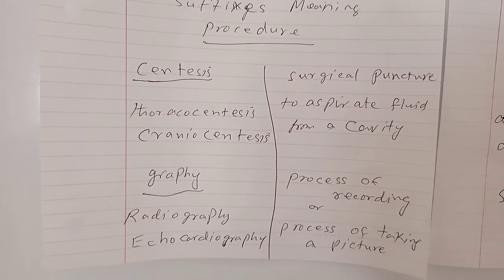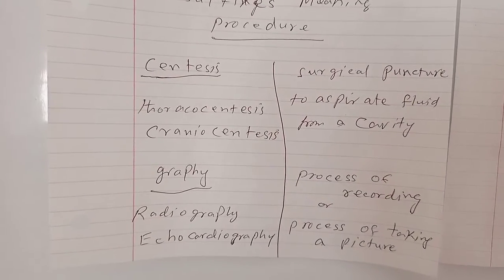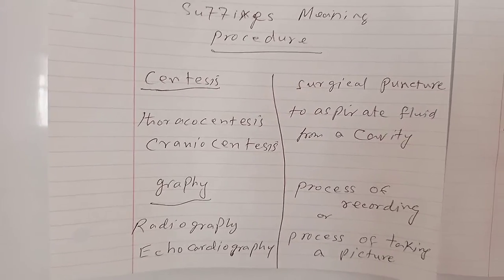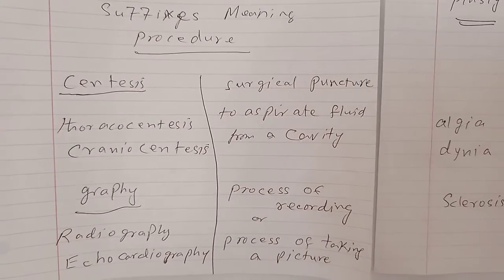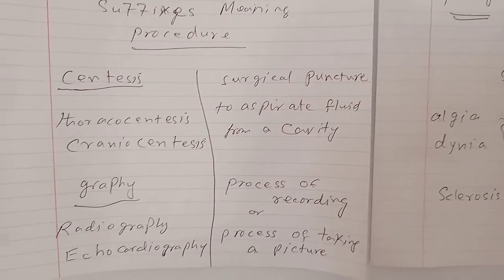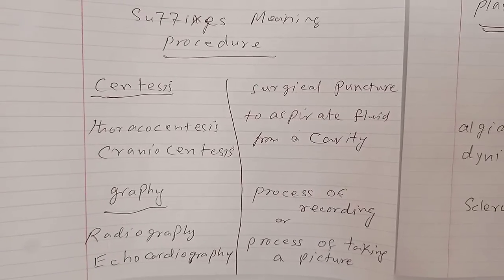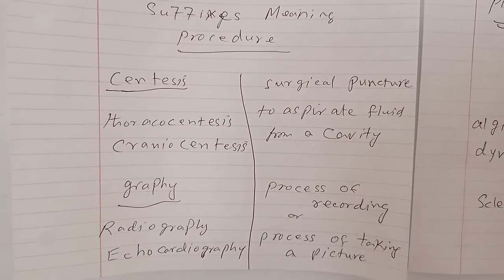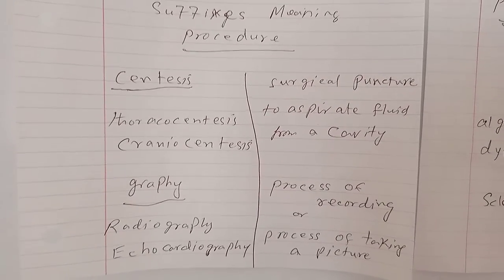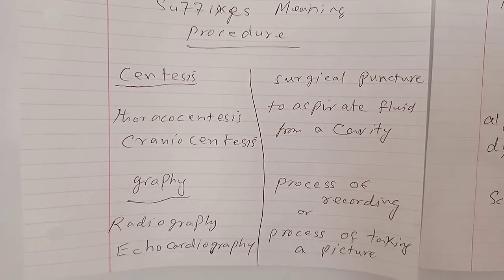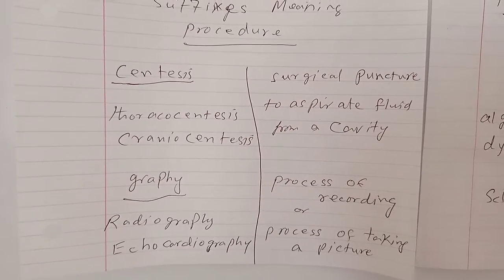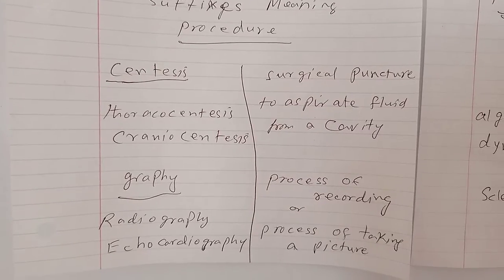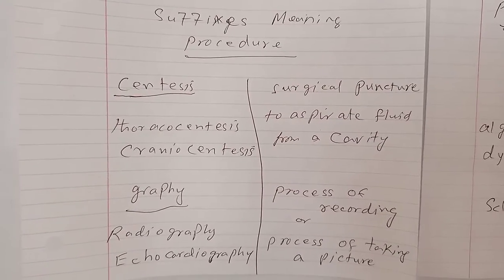Graphy. Next suffix which means procedure is graphy. It is the process of recording or process of taking a picture. We are asking the patient to stand, take off your top clothes, stand in front of the machine, facing the machine or back to the machine, and raise your head or lie down on the table.